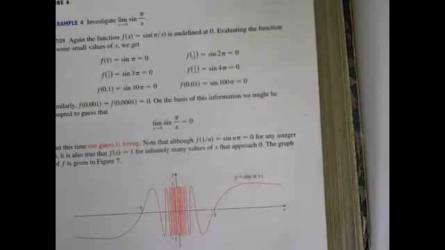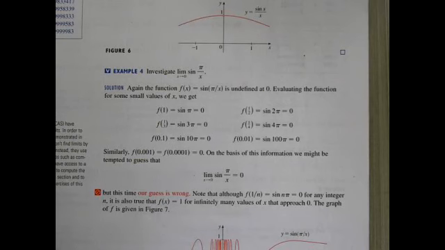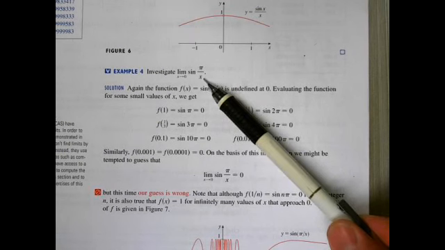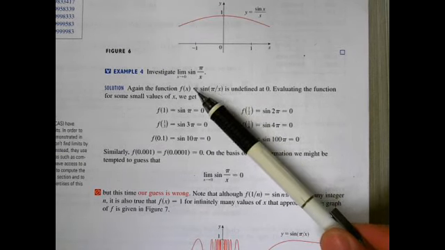There's an example here from an old book of mine where it wants to investigate the limit as x approaches 0 of sine of pi over x. If you notice that plugging a 0 in here gives you division by 0, so this thing is undefined at 0.